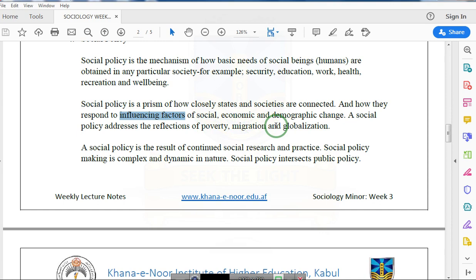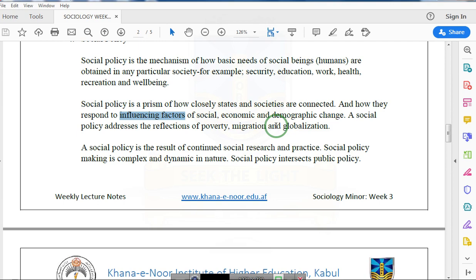If we just look all around ourselves, we find that poverty, migration, and globalization are conspicuously, clearly there, whether we look at the micro level or the macro level, at micro sociological and macro sociological.